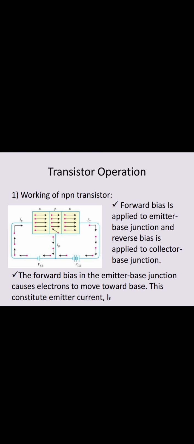Now IE and IC are the emitter current and the collector current respectively, while VEB and VCB are the voltages for the emitter base and the collector base respectively.